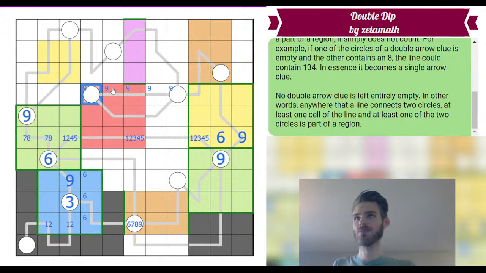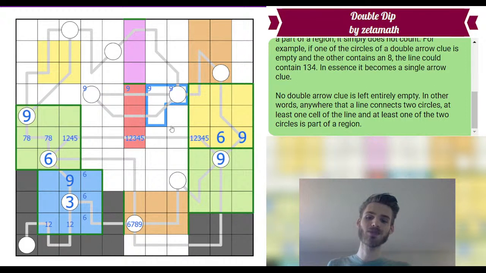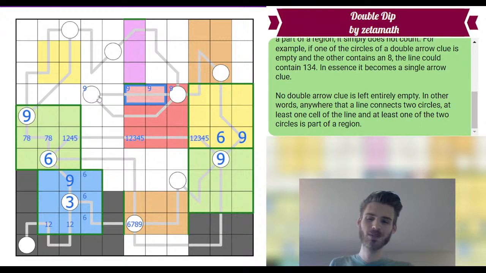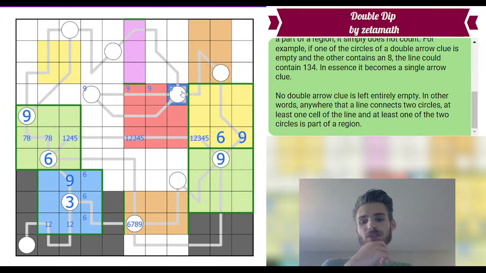It just means that red can't have the 9 on this line if red is over there. So red can't ever have a 9 here, because the other option is it comes over here and has a 9 on the line, which would mean that this could be yellow. Could be yellow. Yeah, and then that would be fine because you could have 2 digits which add to 9 plus another digit. This could be like 1, 9, and 2, 8.